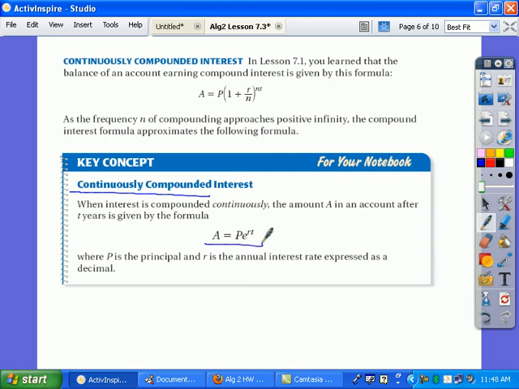You need to memorize this. The top one we've seen before. So P is your principal, E is our number, R is our rate, and T is our time. A is the ending amount.